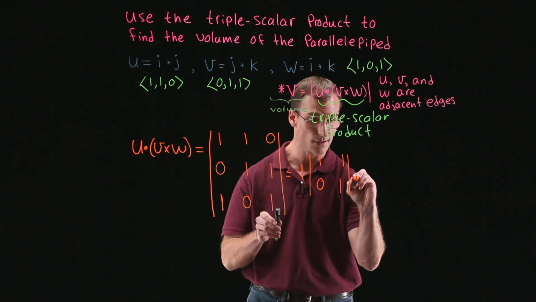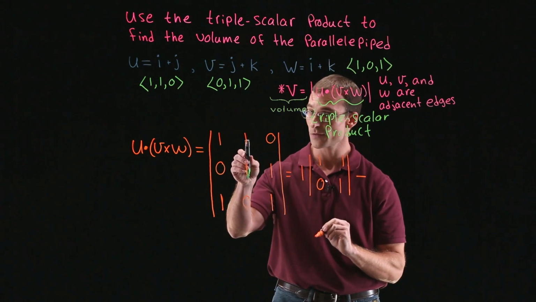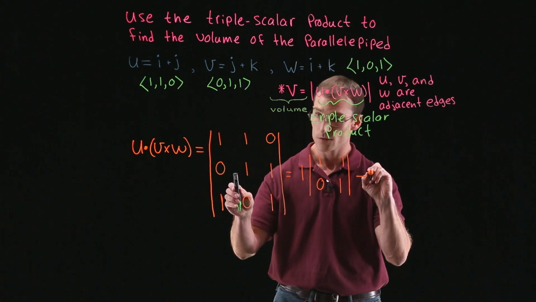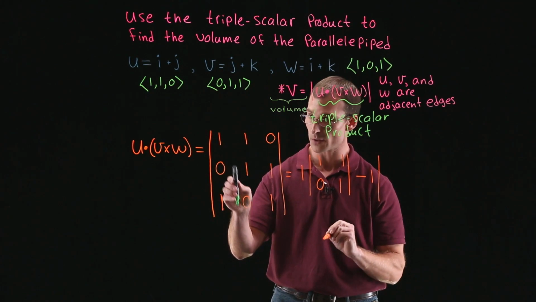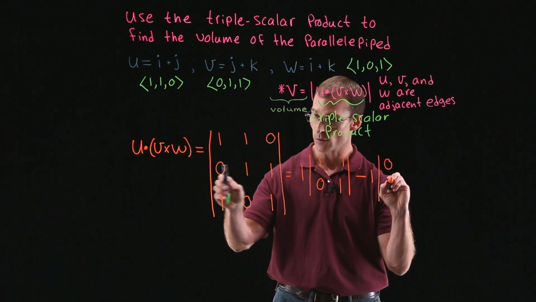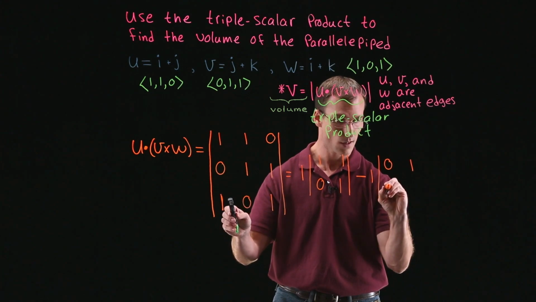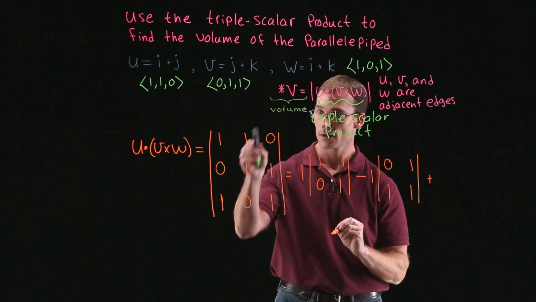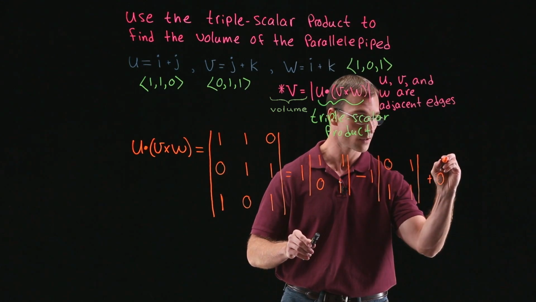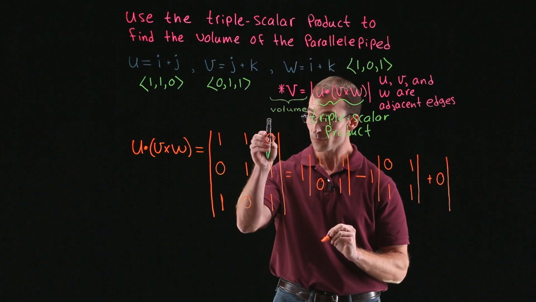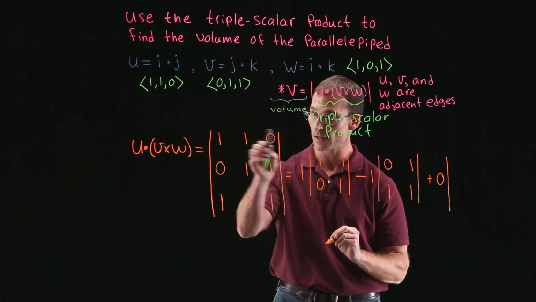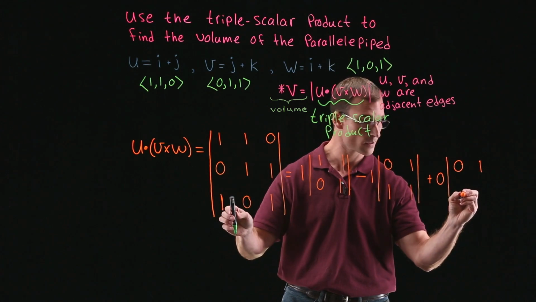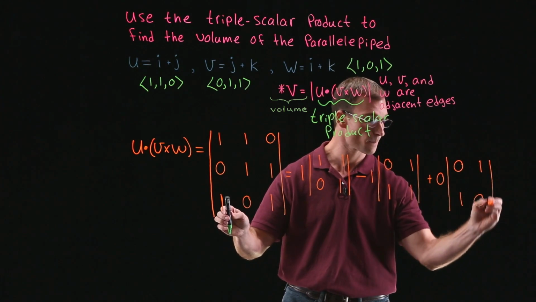Then we start alternating signs, so minus 1 times the determinant of what's left. So our rows would be 0 and 1, and then 1 and 1. And plus, the last entry is 0, times the determinant of the 2 by 2 matrix made by taking that column and row out. So we'd have first row 0, 1, and then 1, 0.